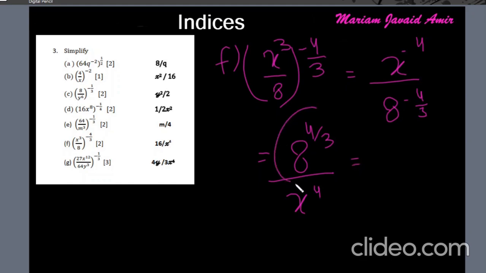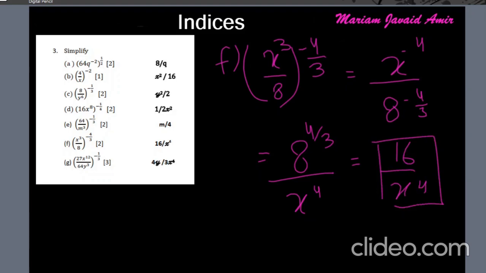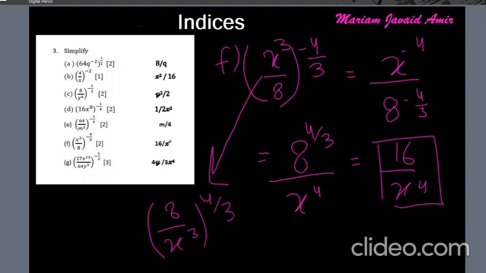Now either in your calculator enter 4 by 3, or take the cube root of 8, which gives 2, then take 2 power 4, which gives 16 over x power 4, the answer for part F. Or like we discussed in the last case, you can take the reciprocal of this and change the power to positive, and you'll get this, and then from here you'll get this.